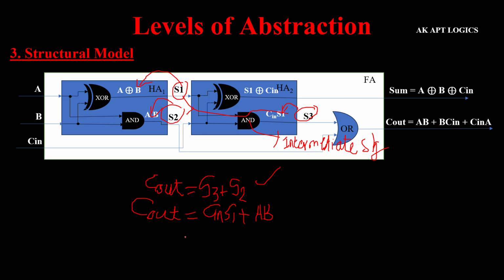From this, I am going to substitute the value of S1, that is A XOR B. So A XOR B plus AB. What is the expression of A XOR B? We know that it is A B bar plus A bar B. Plus AB.